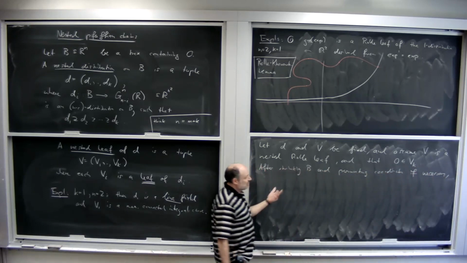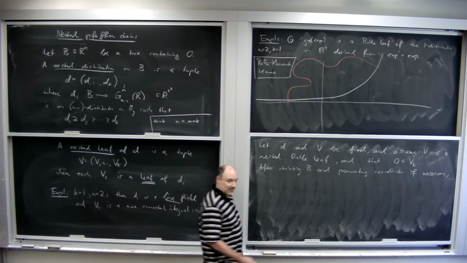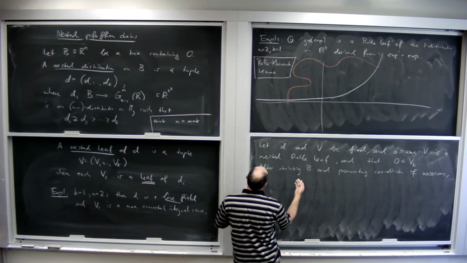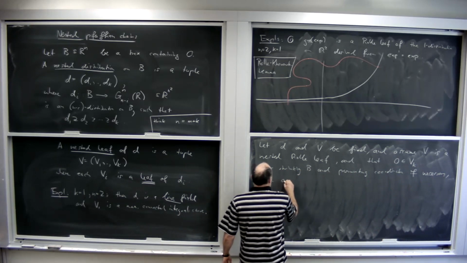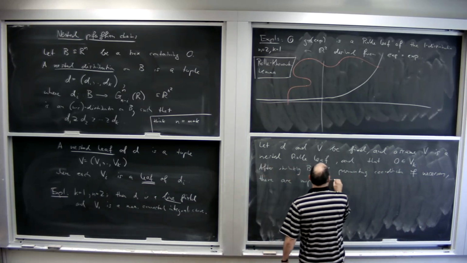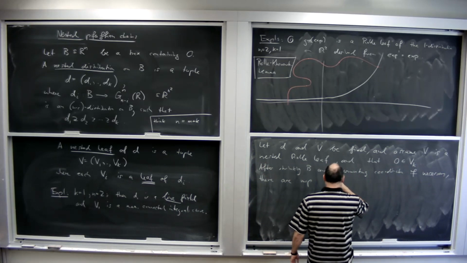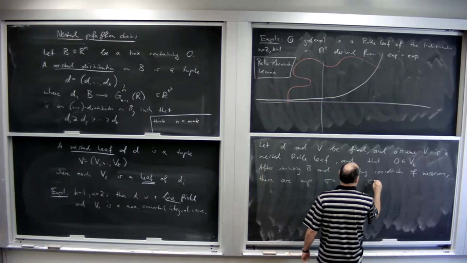I can describe this nested Rayleigh leaf as a sequence of graphs of functions, right? Or not functions, but maps. There are maps. Let's write it sigma. And well, there's going to be a sigma 1, sigma 2, up to a sigma k.